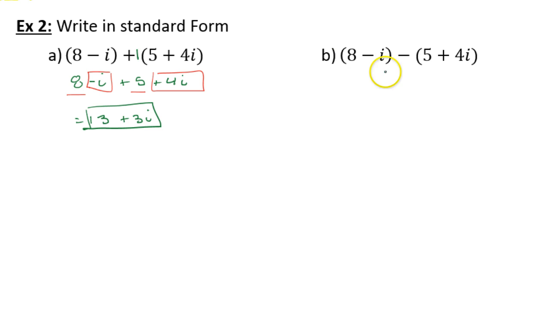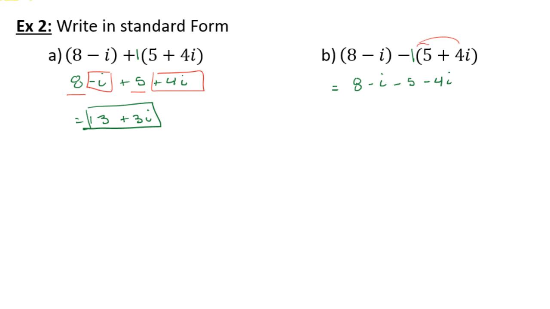All right, let's take a look at the next one. We have 8. Again, there's nothing for us to distribute inside of this parenthesis. So we get 8 minus i. This one, however, we do have to distribute this negative 1, or this negative term, to both of these numbers inside our parentheses. When we do this, we get negative 5 minus 4i.